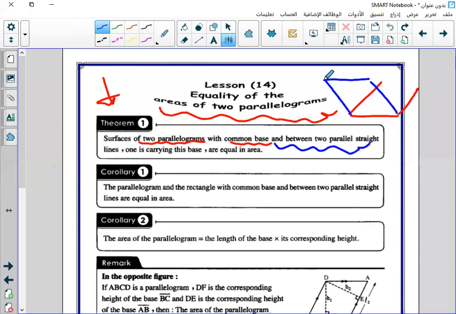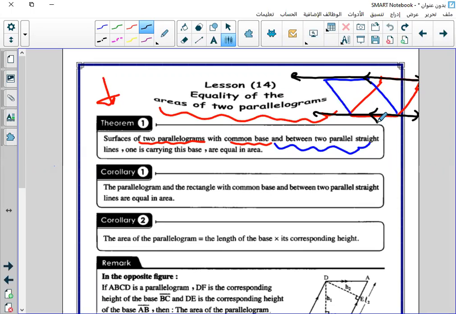This is the first and this is the second, lying between two parallel straight lines. This is the first straight line and this is the second straight line, and the two straight lines are parallel.